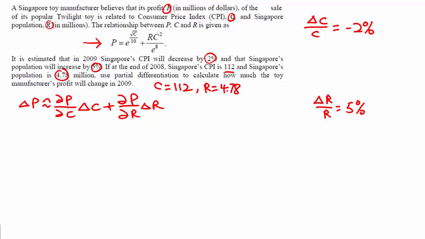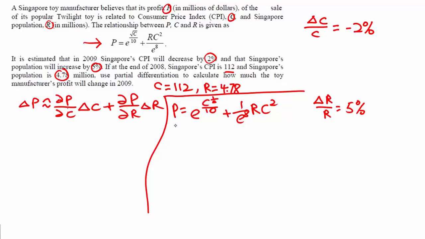So first of all, let's find out partial P over partial C. So let me rewrite the equation where P equals to e to the power of C to the power half over 10, instead of square root of C over 10, so that it's easier for me to differentiate the powers later. And I'll write the second term as 1 over e to the power 8 times RC squared. So to find partial P over partial C, this means I'm differentiating P with respect to C, where R is a constant.